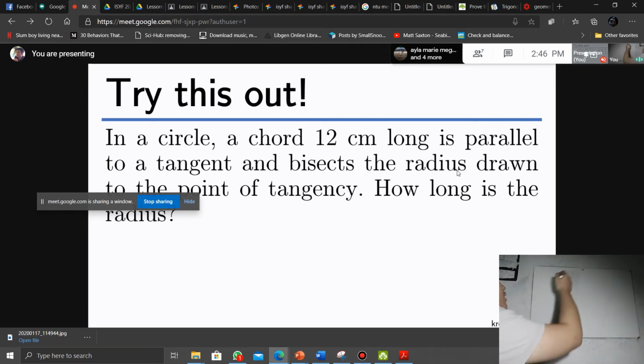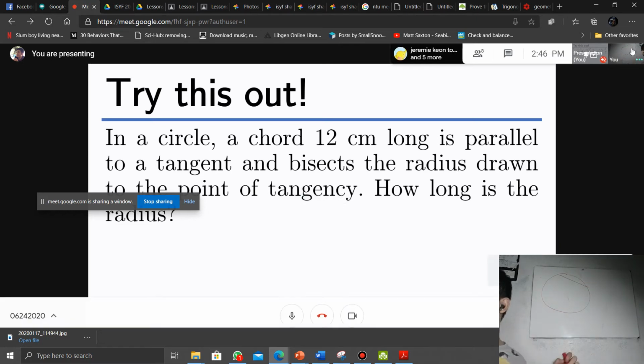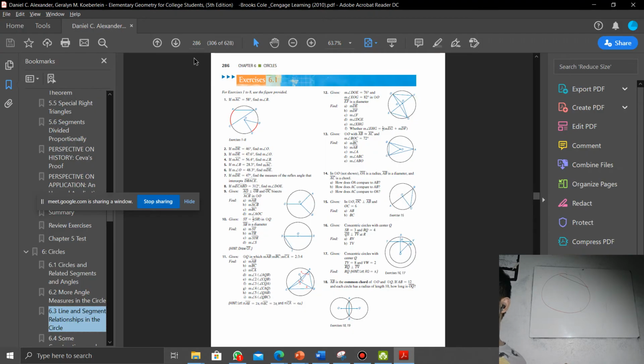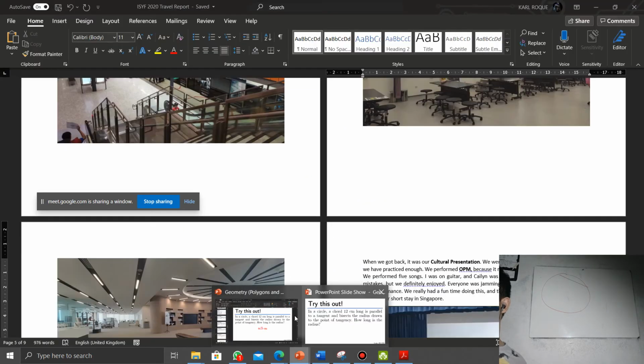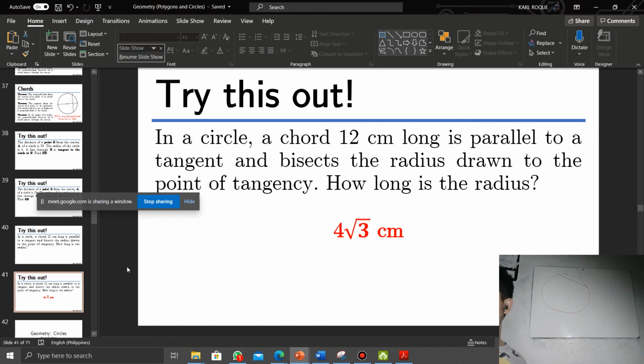In a circle, a chord 12 cm long is parallel to a tangent and bisects the radius drawn to the point of tangency.